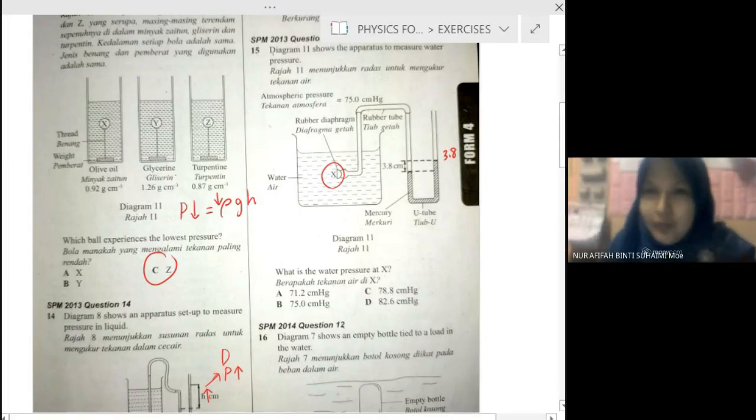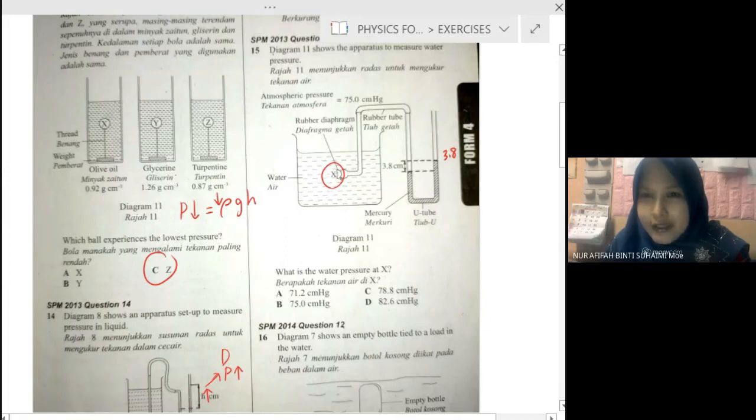Okay. So this one is considered the actual pressure of X. Actual pressure of X equals atmospheric pressure plus pressure exerted by water. We already know that atmospheric pressure is 75 cm mercury. The answers also all use cm mercury.